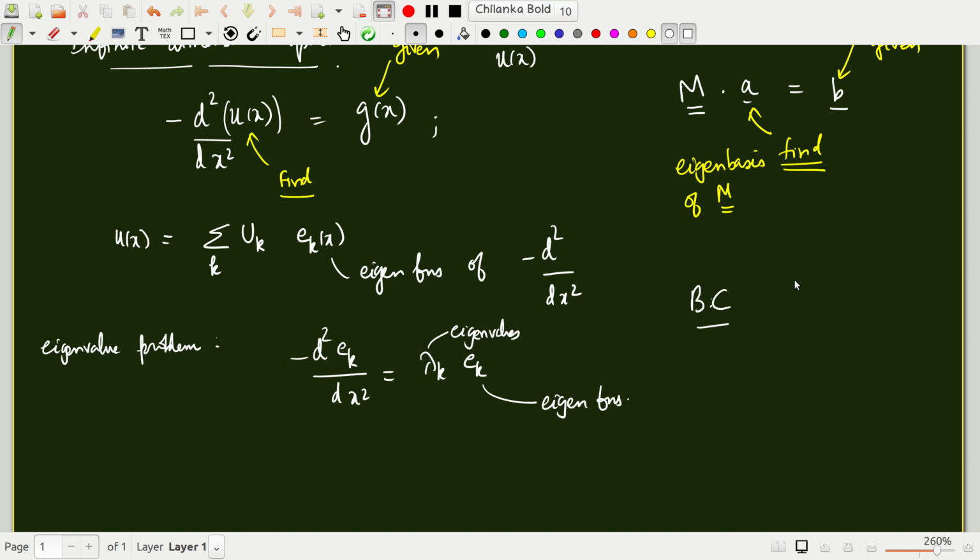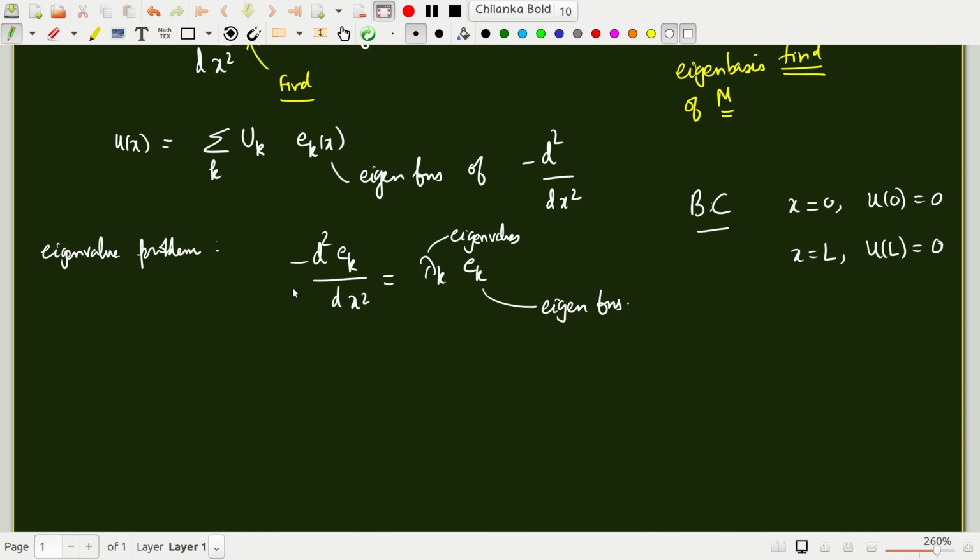The boundary conditions are at x equal to 0, let's say u of 0 is 0. At x equal to L, let's say that's the domain, u of L is 0. So we have to solve the eigenvalue problem wherein the eigenfunctions also satisfy the same boundary conditions.